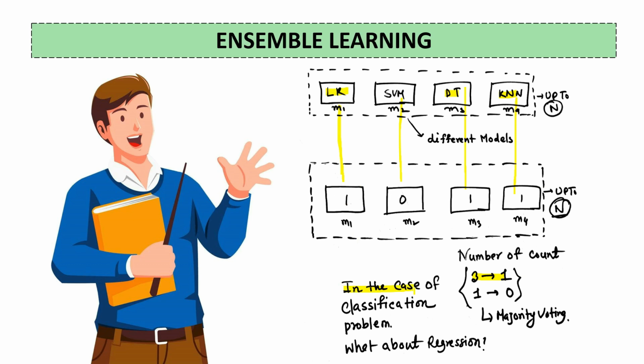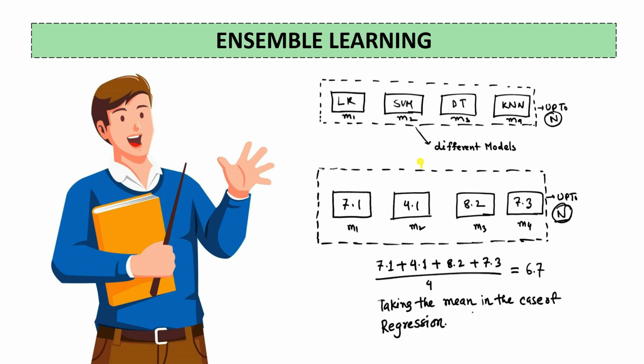So that is the case for classification. Now what about regression problems? In a regression problem, we take all the predicted values, which are continuous. You can see here 7.1, 4.1, 8.2 and 7.3, up to n.